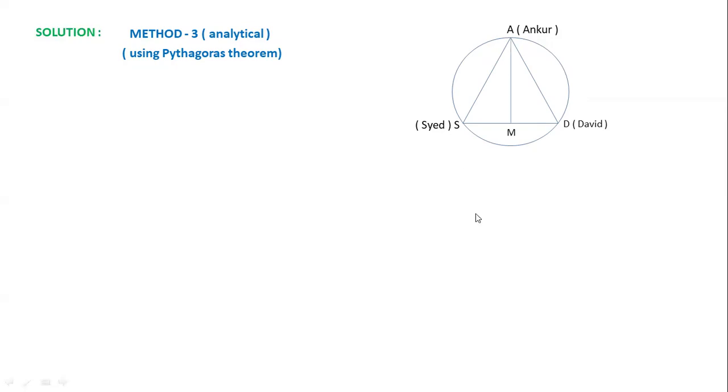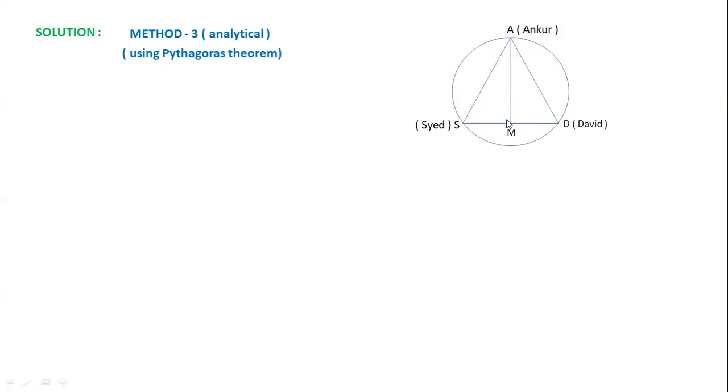Midpoint, join. So in an equilateral triangle, when you take the midpoint and join, this will be a right angle here. Why? Because this side is equal to this side. This is common. Okay. And M is a midpoint. Therefore, this is equal to this. So these two triangles will be congruent. Because these two triangles are congruent, these two angles will be equal.